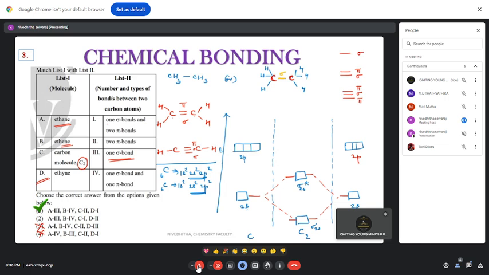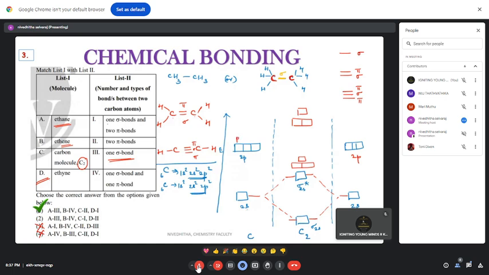Six atomic orbitals combine together to give six molecular orbitals, among which three molecular orbitals will have higher energy and three will have lower energy.